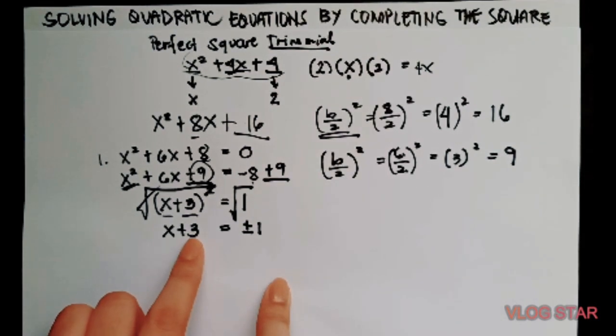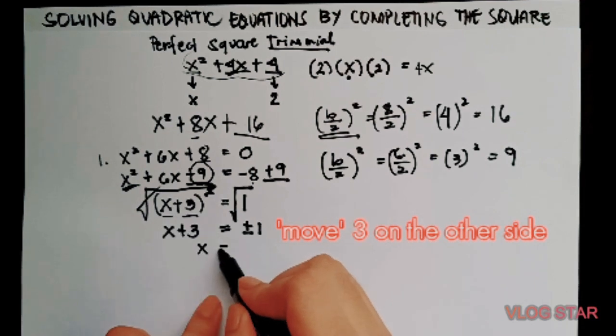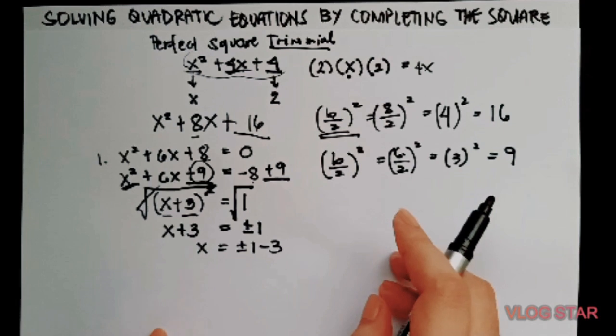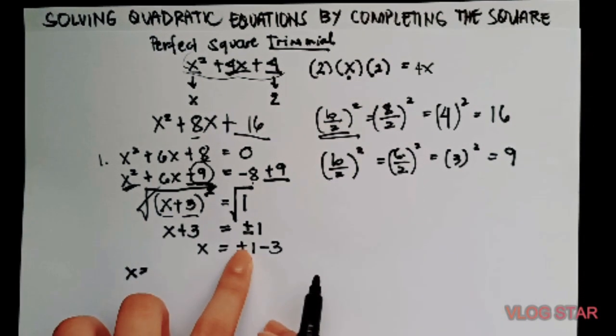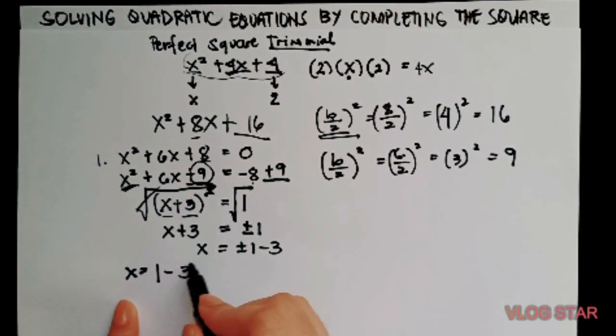Now to solve for x, transpose 3 to the other side of the equal sign. We're going to have x equals positive or negative 1 minus 3. So let's take positive 1 first: we're going to have 1 minus 3.